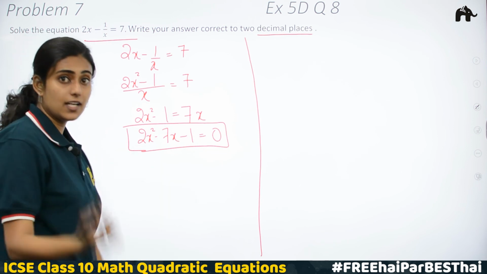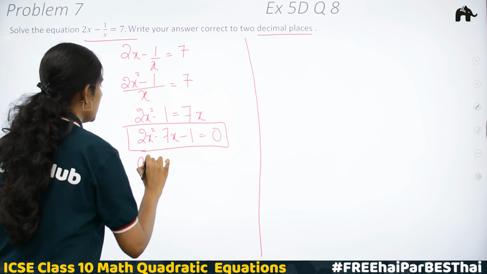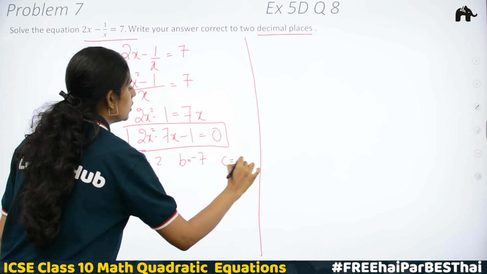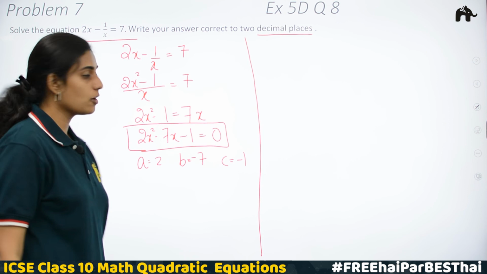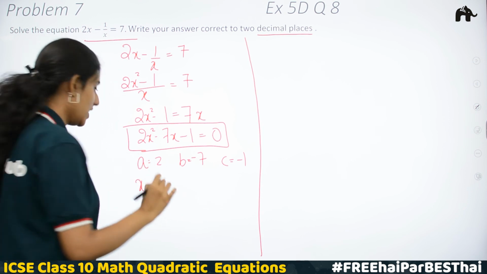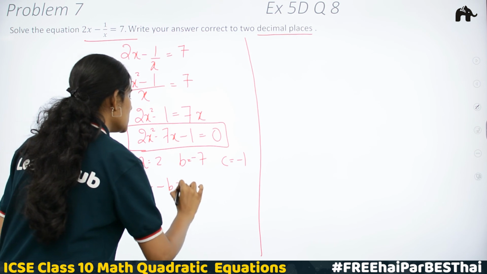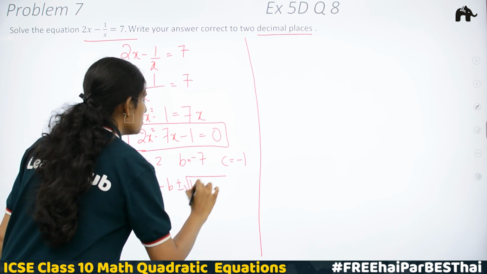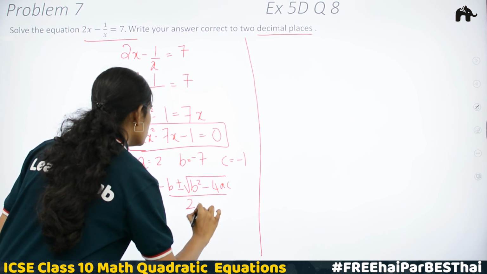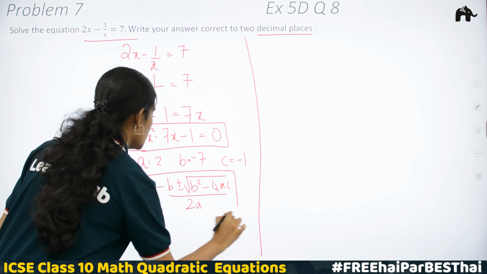Comparing with the standard form of quadratic equation, we get a is equal to 2, b is equal to minus 7 and c is equal to minus 1. We have a formula. What is the formula? x is equal to minus b plus or minus root of b square minus 4ac divided by 2a. This is our formula.